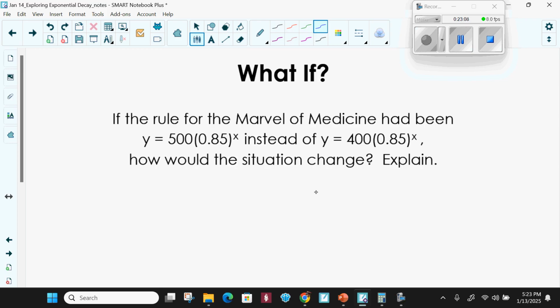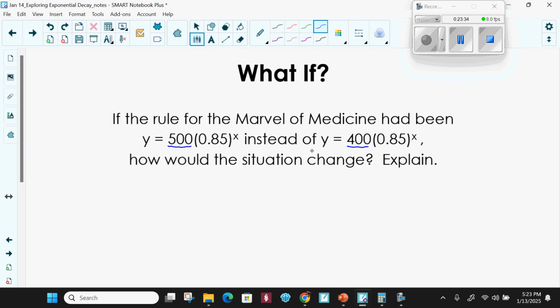Now, the other day, we had a different initial value and rate of change, or constant ratio, the growth factor, the multiplier. In this case, our multiplier is the same for both equations. So that part's not going to change. From one point to the next, it's still going to show 85%. What's changing is how much you're starting with.